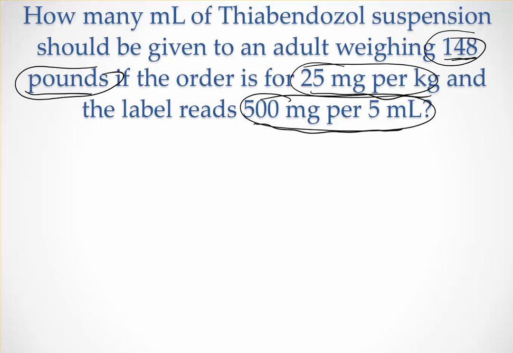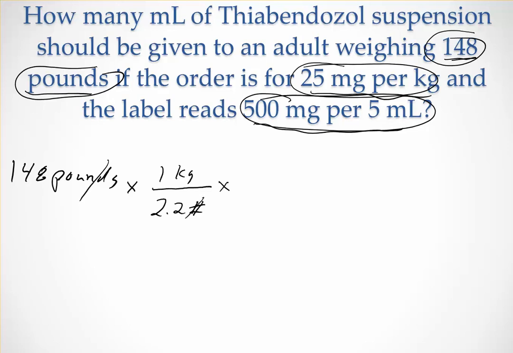Now in this problem, I'm going to start a little differently. I'm going to start with the patient's weight. So 148 pounds. And then we're going to multiply it by a conversion. For every kilogram, that is equal to 2.2 pounds. And I'm going to use a hashtag so I don't have to write out pounds. So at this point, if I cancel out the pounds, I just have the weight of the patient in kilograms.